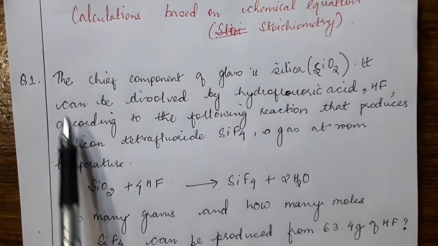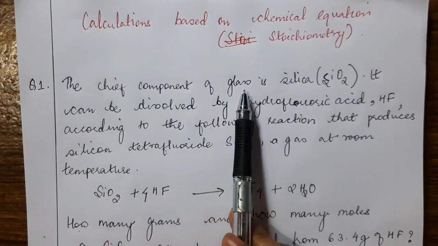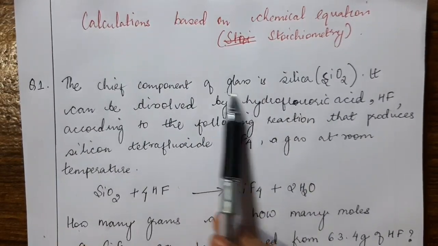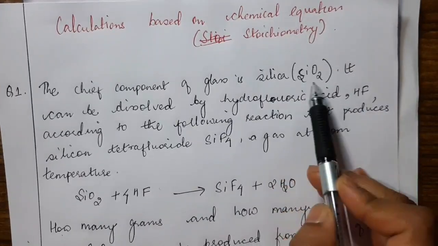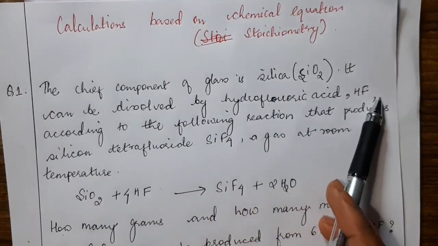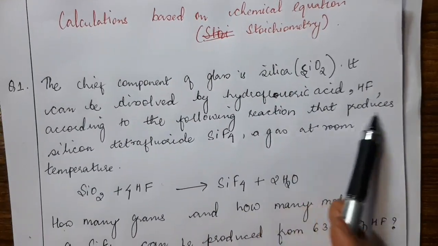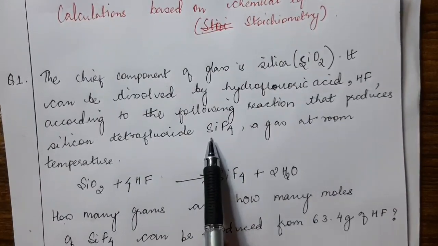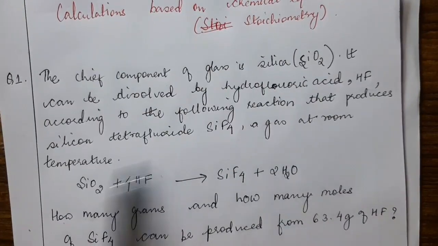Let's take one example. The first one: the chief component of glass is silica, SiO2. It can be dissolved by hydrofluoric acid, HF, according to the following reaction that produces silicon tetrafluoride at room temperature.